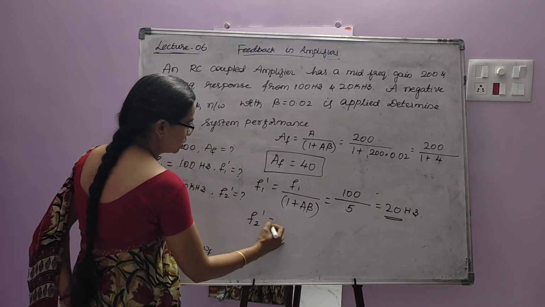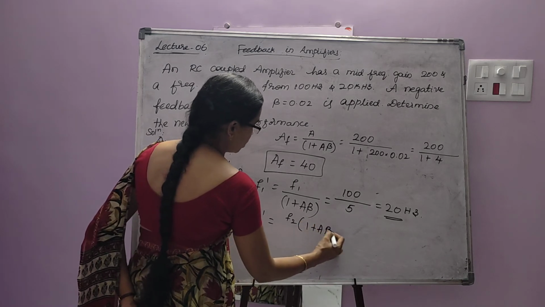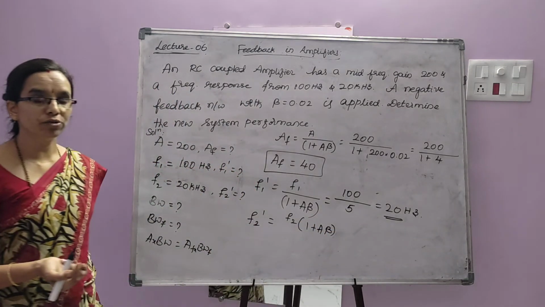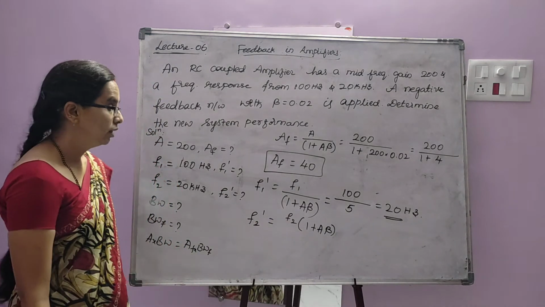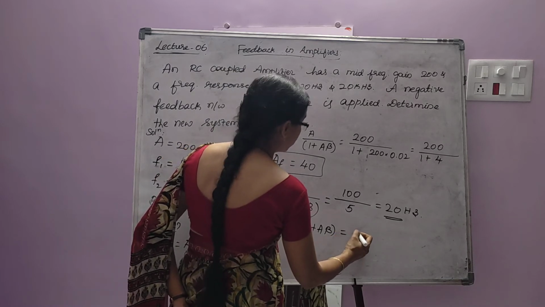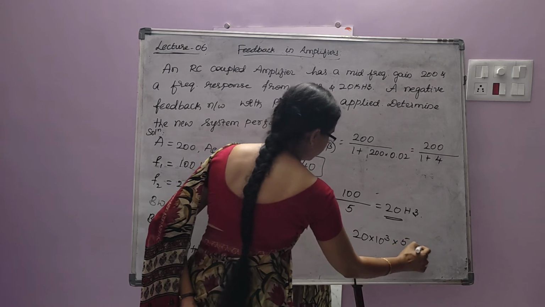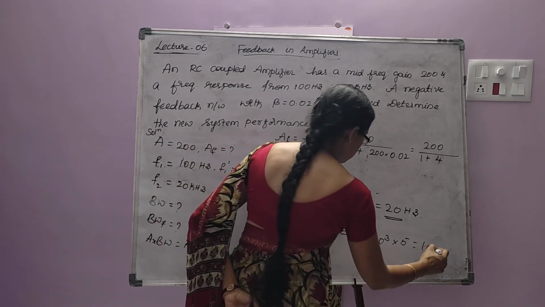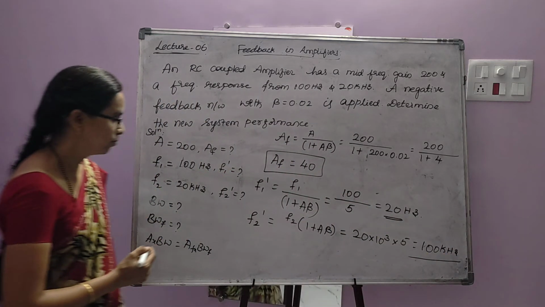F2 dash is equal to F2 into 1 plus A beta, whereas F2 dash is the higher cutoff frequency which increases. So F2 is 20 kilohertz into 5, that then it is 100 kilohertz, the F2 dash.